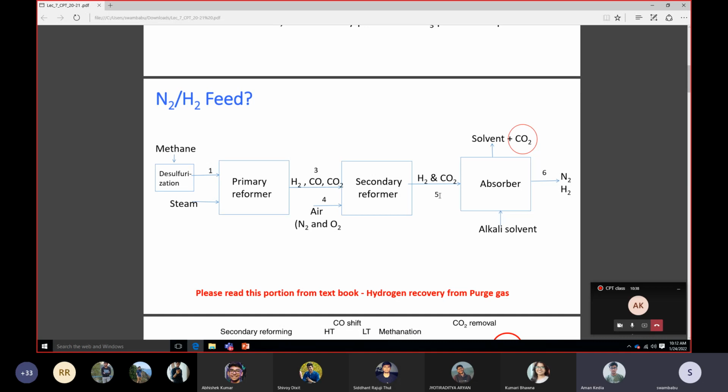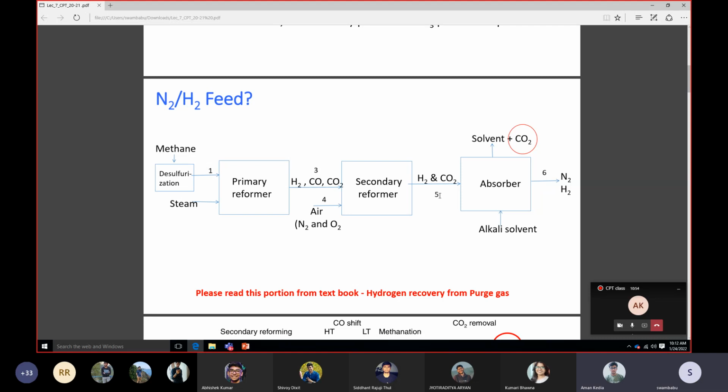Carbon dioxide can be easily absorbed by using an alkali solvent.